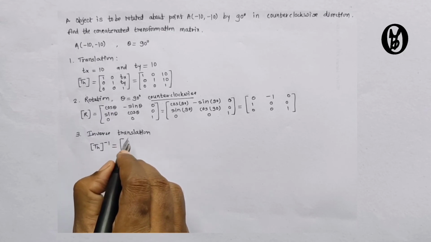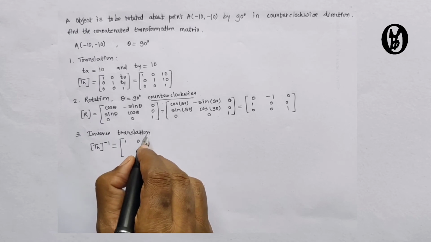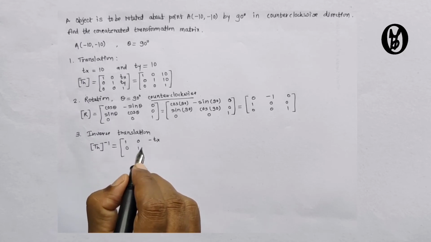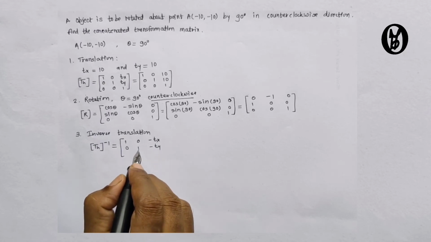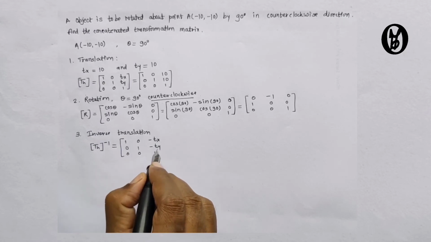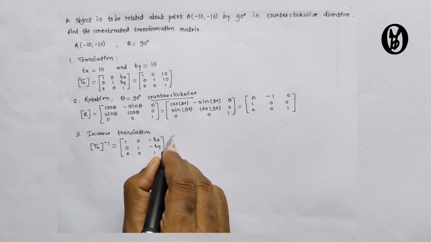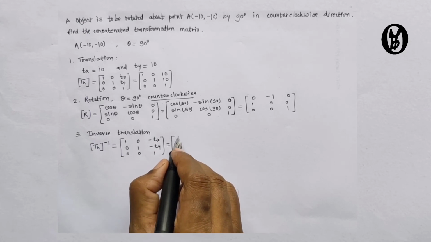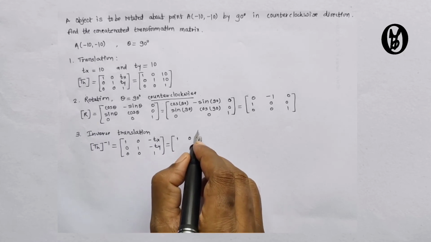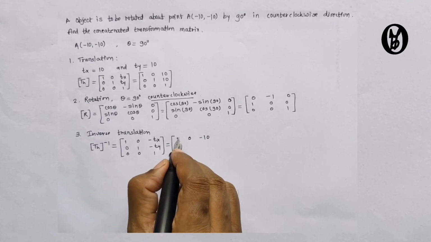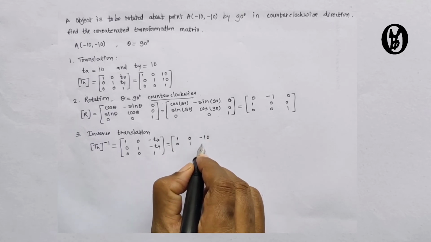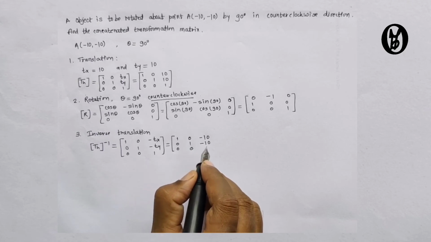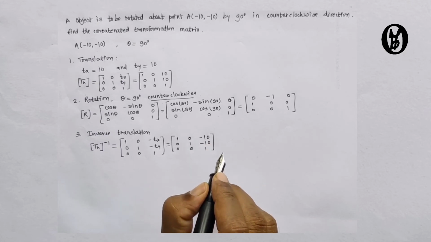So the inverse translation matrix equals 1, 0, minus Tx; 0, 1, minus Ty; 0, 0, 1, which equals 1, 0, minus 10; 0, 1, minus 10; 0, 0, 1. So this is the inverse translation matrix.